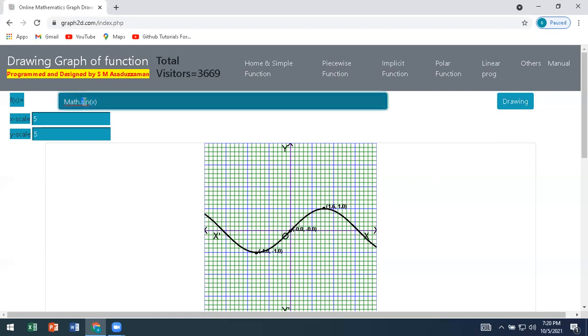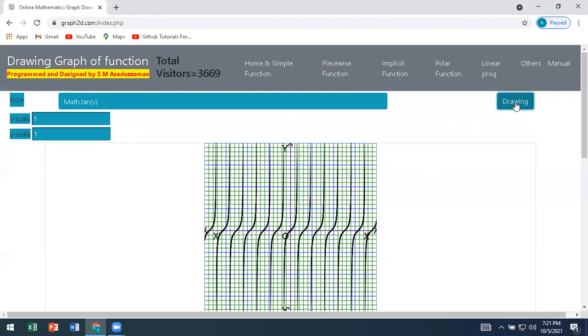Then 10x, press the drawing button, we can change the scale to 3, 3, or 1, 1, x scale 1, y scale 1, then press the drawing button.